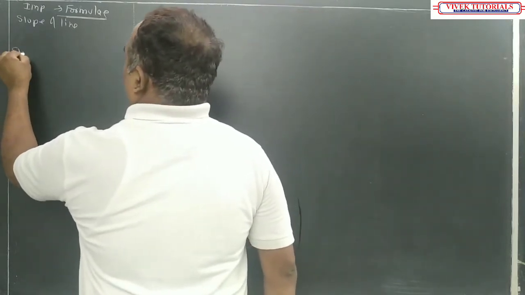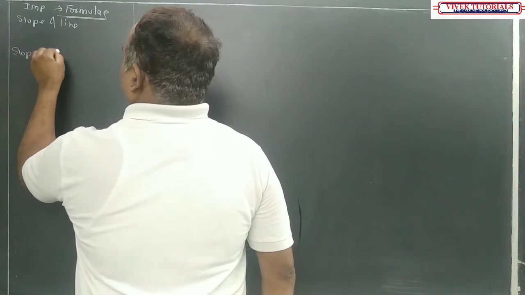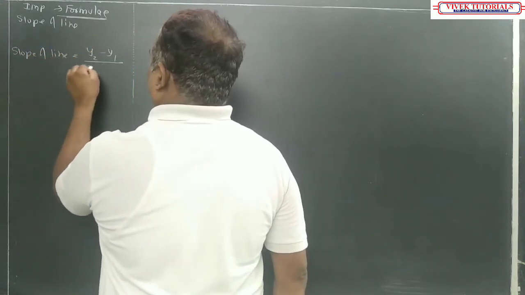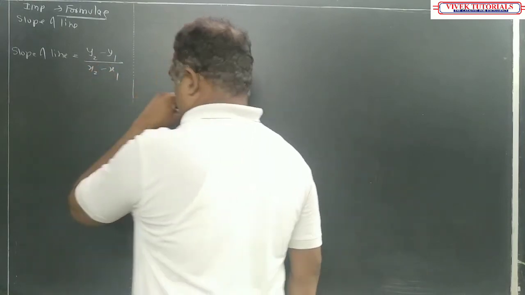So slope of any line is equal to y2 minus y1 upon x2 minus x1.